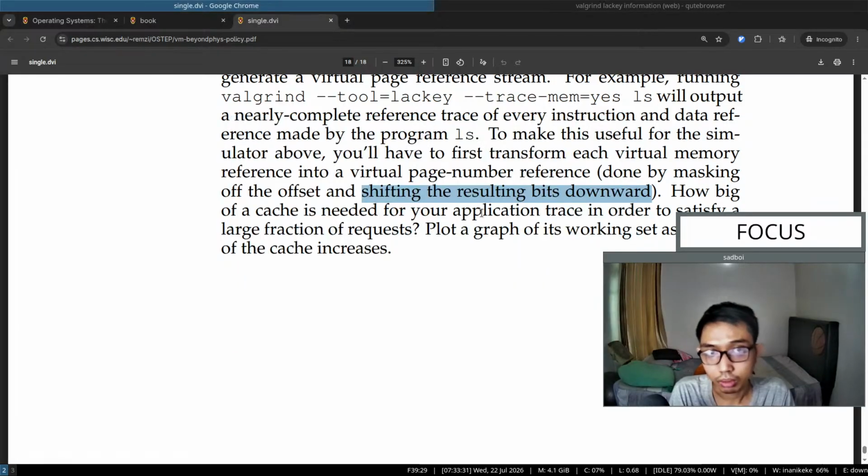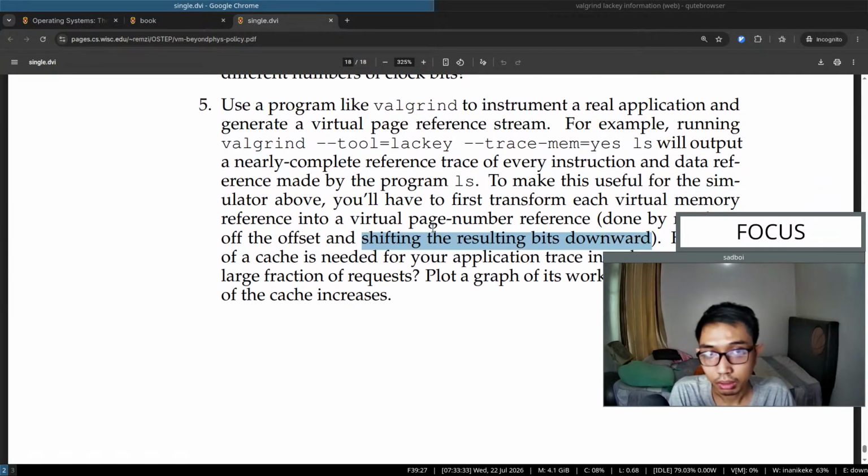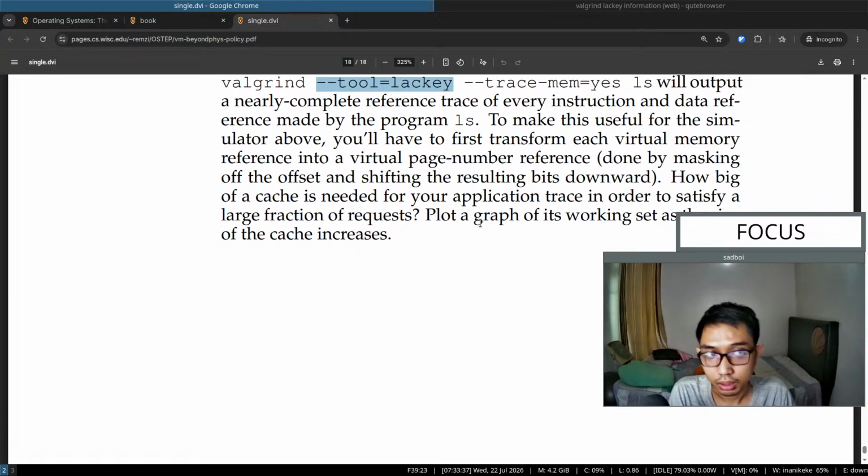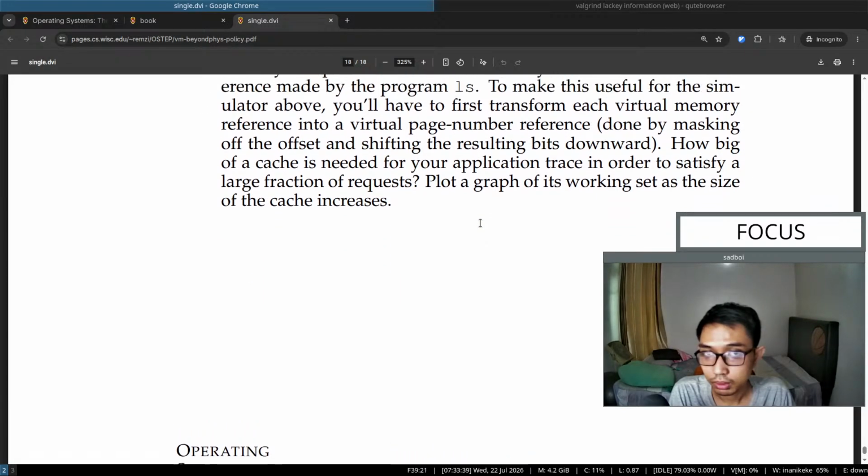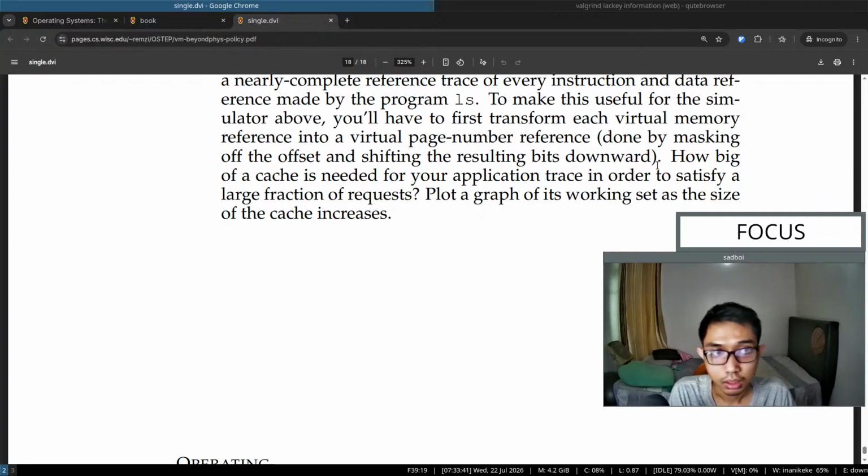Yeah, I'm not sure about how to read the information from the Lackey tool here. How big of a cache is needed for your application trace in order to satisfy a large fraction of requests?